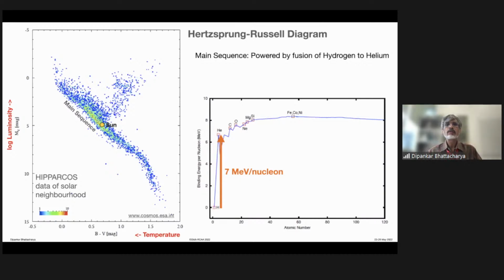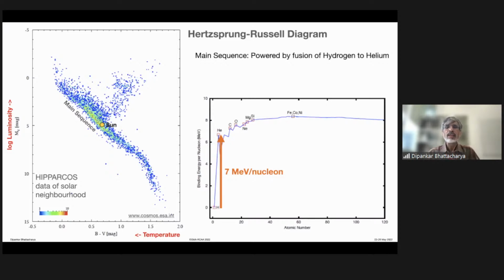Now, it so happens that all these stars which are sitting in the main sequence are the ones which are converting hydrogen to helium at their centers. So this happens to be the longest phase of their lives. Why?